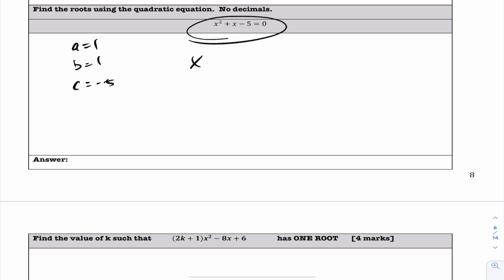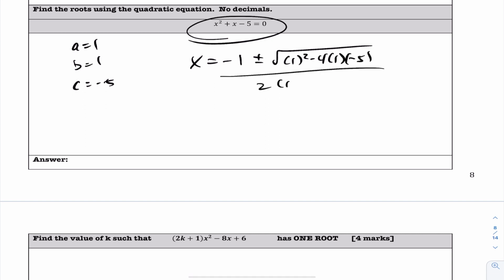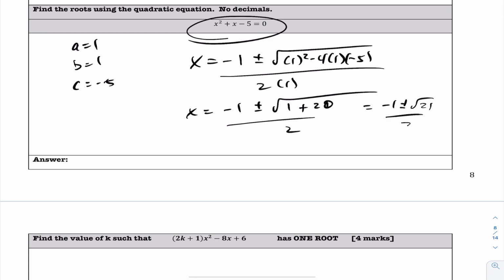Using our quadratic equation, we get x equals negative b plus or minus the square root of b squared minus 4 times my a value times c value, over 2 times a, in which case we get x equals negative 1 plus or minus the square root of 1 plus 20, over 2, which is negative 1 plus or minus the square root of 21 over 2. And this is our simplified form here. Notice the root 21, I can't break that down anymore. So the answer here is negative 1 plus or minus the square root of 21 over 2.